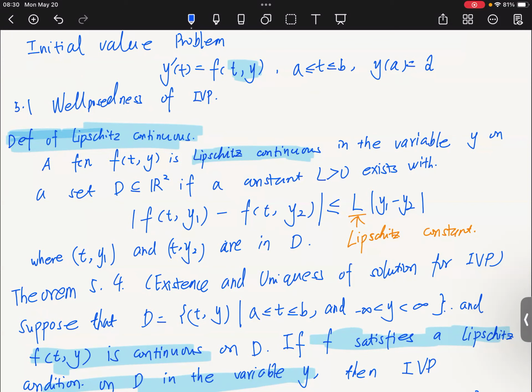But the question is, if you have such an error here, how good is your approximation of the solutions? So we need the well-posedness of the IVP problem such that we can use the numerical methods, which means that if you have some small error here and small error here, then the solution y has small error.